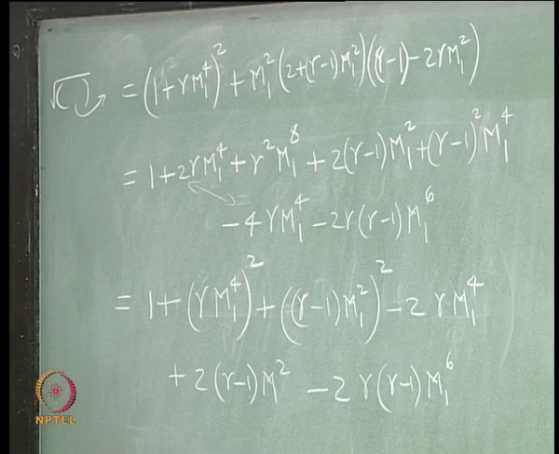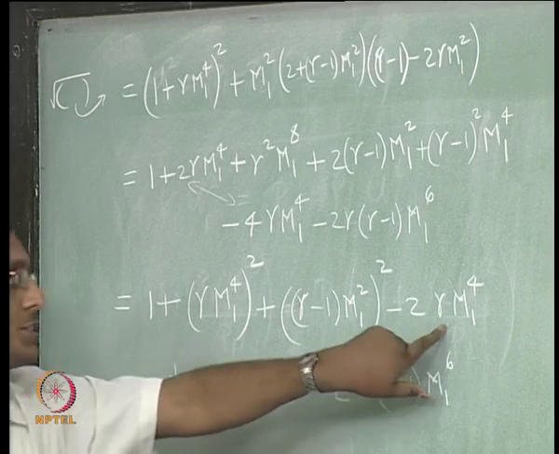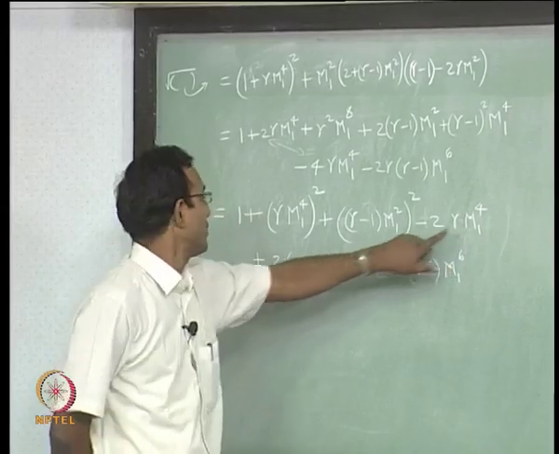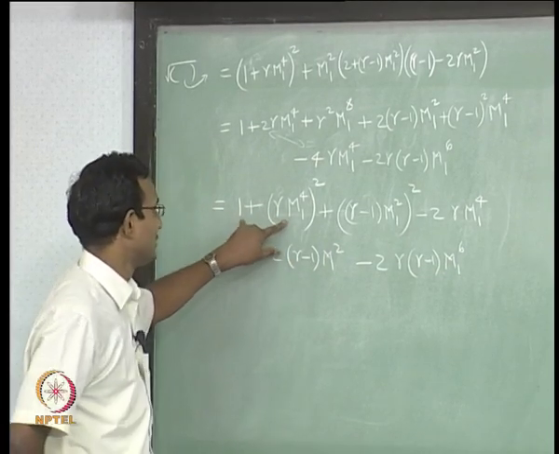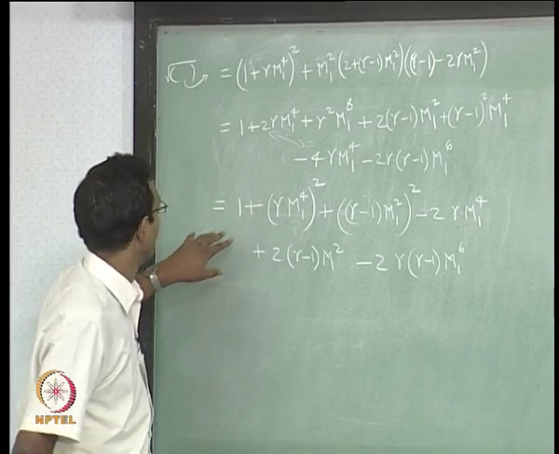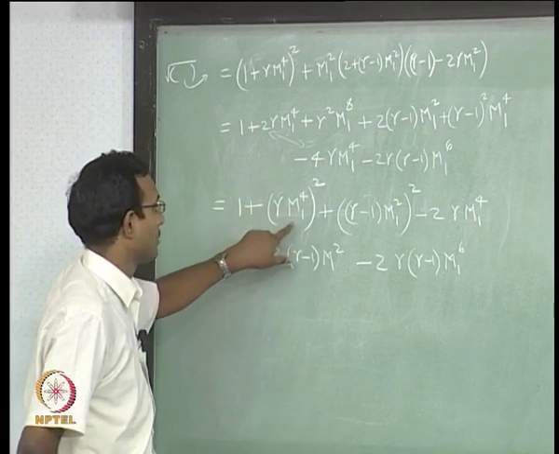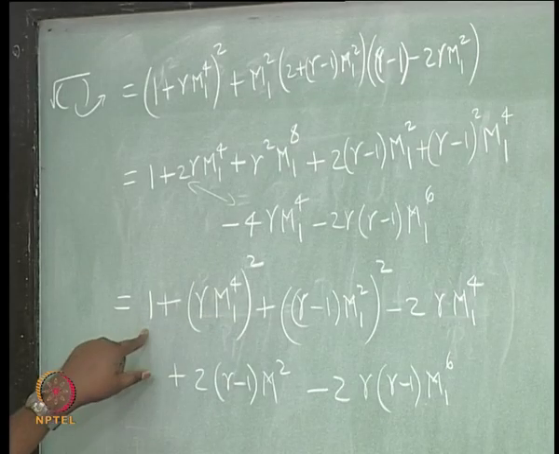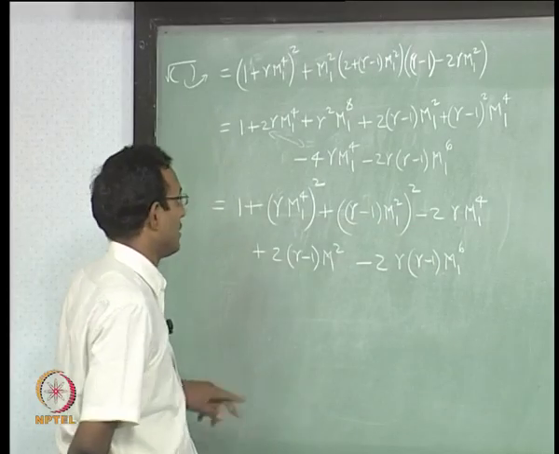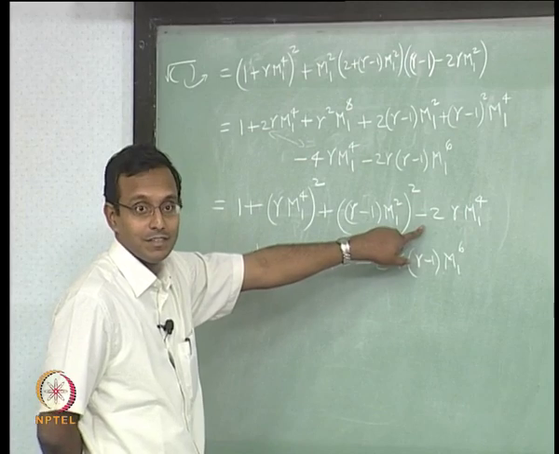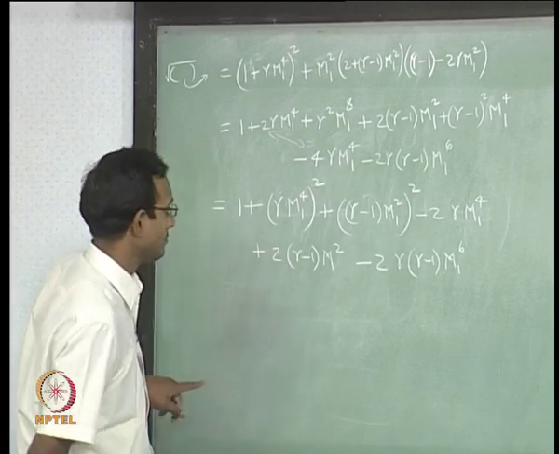So, when I write it like this, if I look at this term, this can be obtained by multiplying this with this without the square, that is gamma m1 power 4 multiplied by 1 multiplied by 2 will give you this term. Okay. Of course, there is a minus sign, remember the minus sign also. Okay.